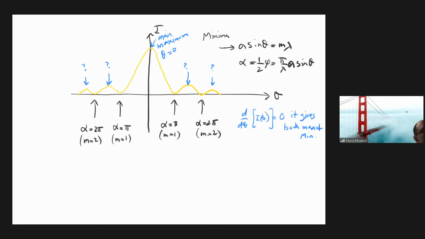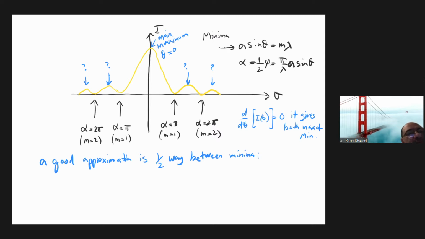So a good approximation is halfway between minima. Okay, so that's a good approximation. If I find halfway between the minima, that's roughly the maximum values.